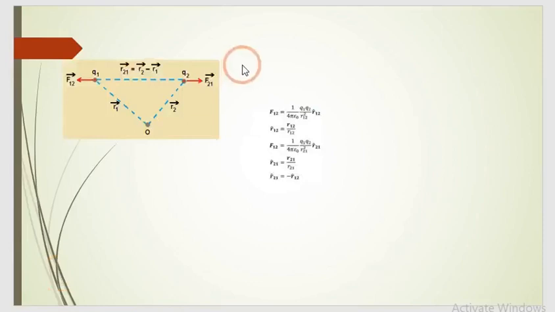Let's move towards the vector form of Coulomb's law. Here you can see Q1 and Q2 are two similar point charges situated at two different points. r21 is the displacement between them.